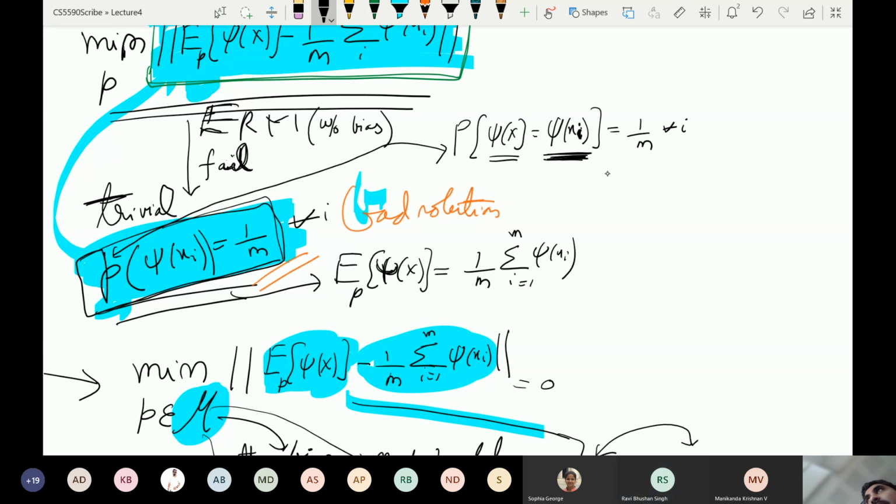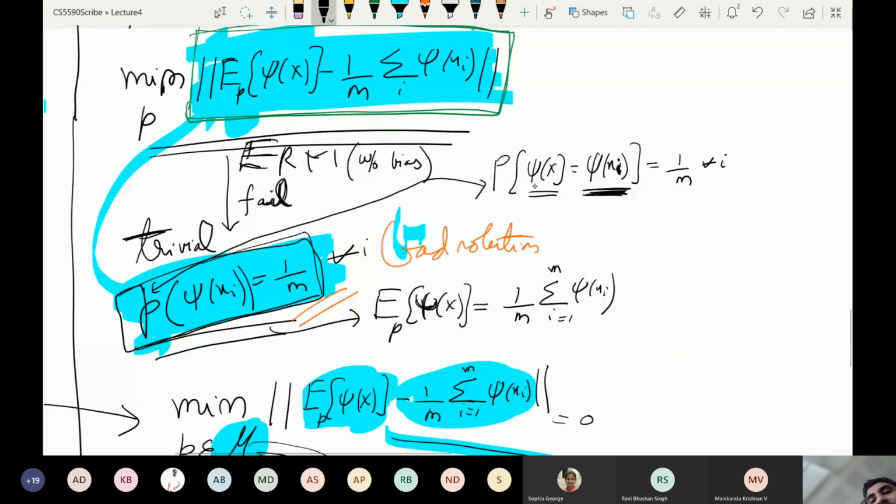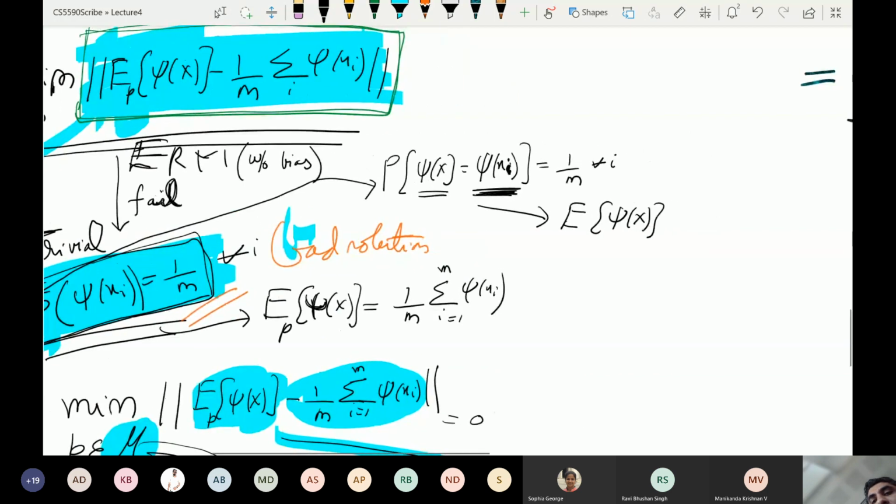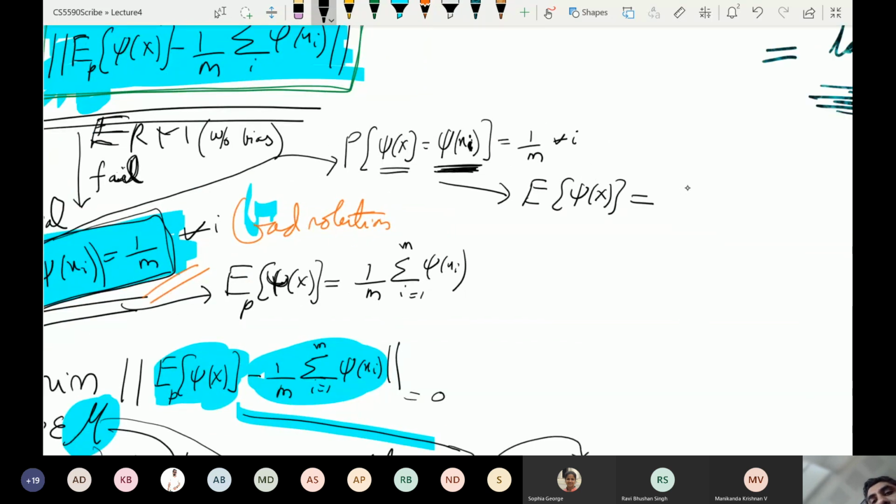Did you first of all understand that? Yes. Okay, right. Now the question is, why is this a solution? To understand why, let's first compute the value of expectation of psi of x with this distribution. Is it a discrete or continuous distribution? It is a discrete distribution, uniform in fact.